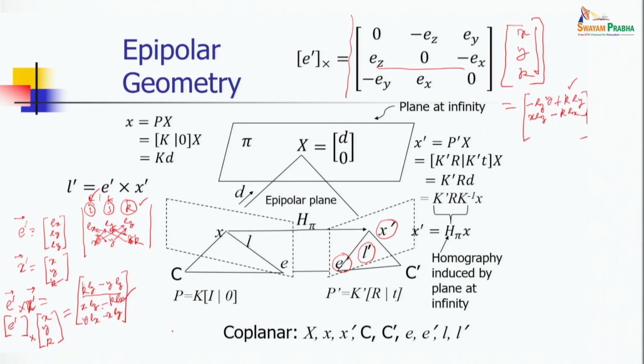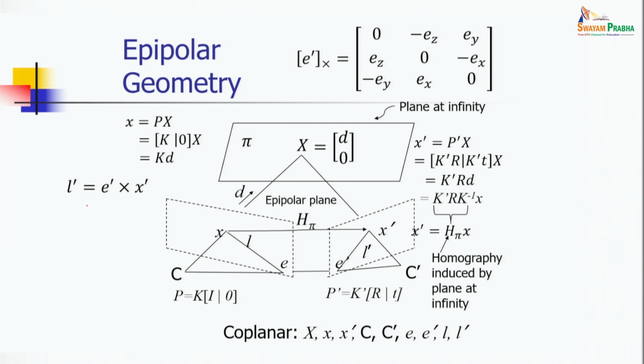You can see this is the second one. And for the third row, I will get minus x into ey plus y into ex, so y into ex minus x into ey. So the third row matches, which means that I can replace this part by simply this matrix multiplication.